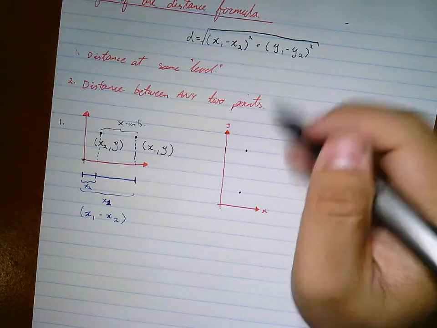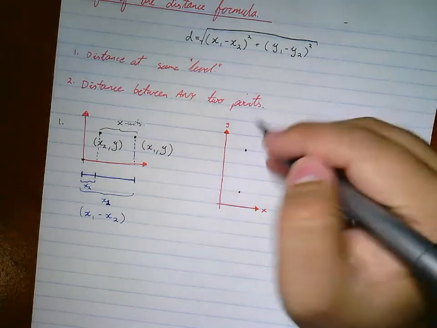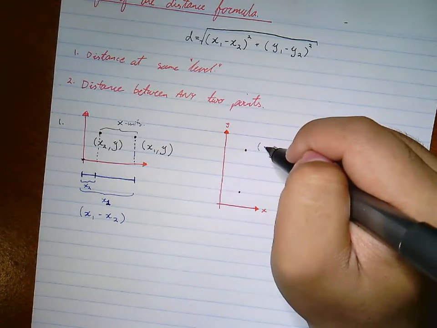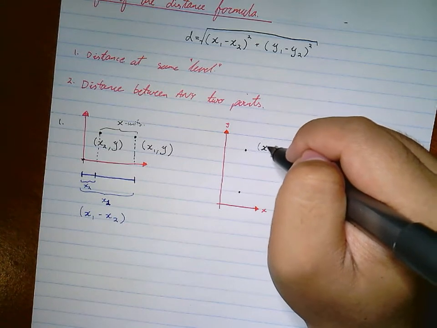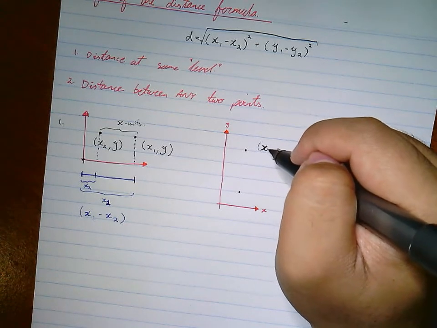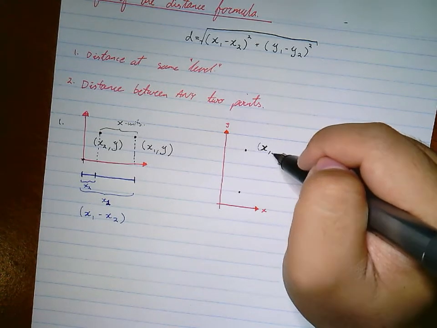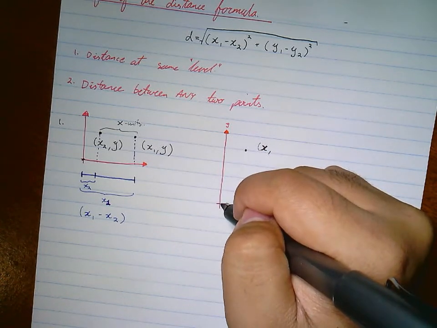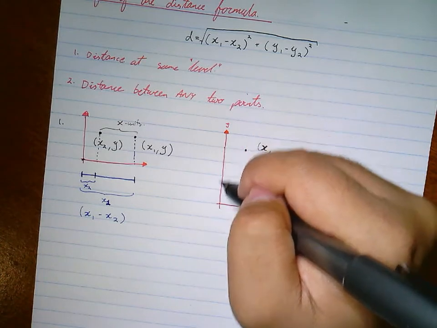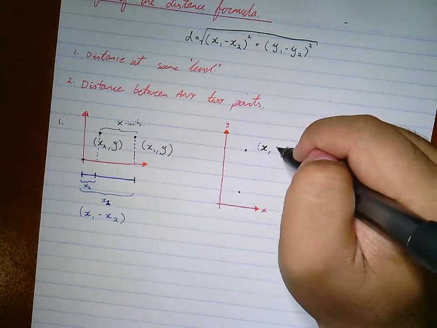Let's label this one. Well, it has some value x. We don't know what it is, but it has a value of x. And it is some units up. So it's moved from 0 to up here, let's label that y1.